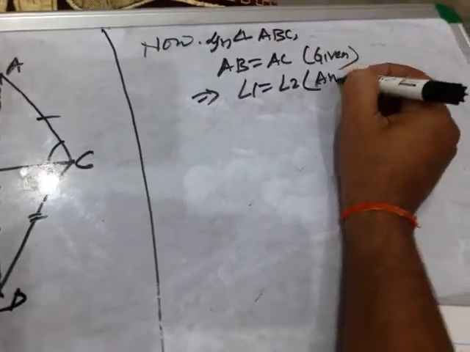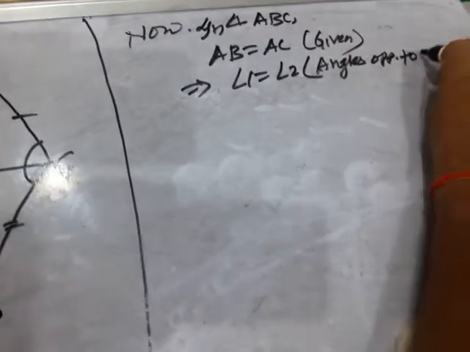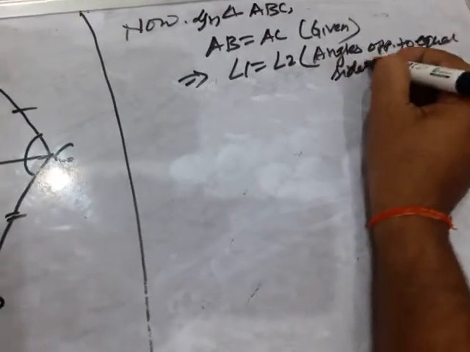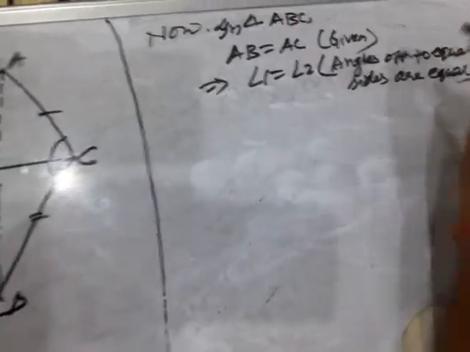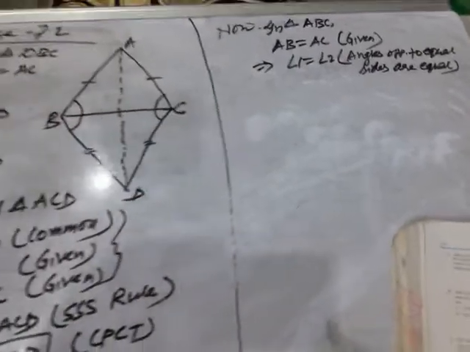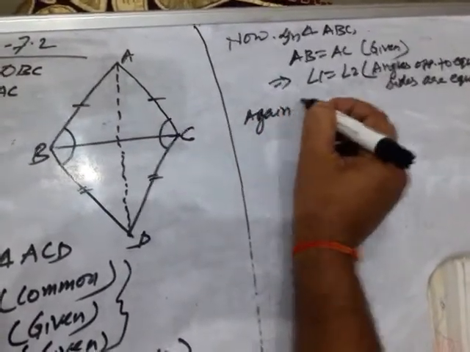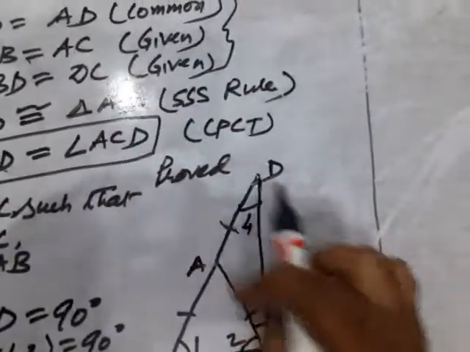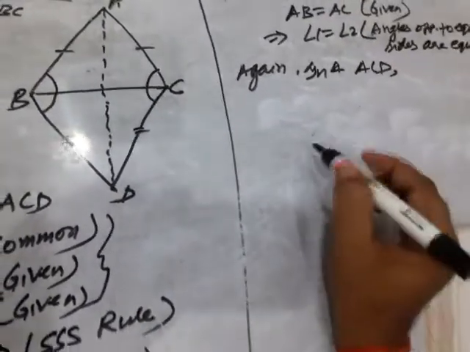Angles opposite to equal sides are equal. Okay children, angle 1 equal to angle 2 we have seen. Now again in triangle ACD, what do we have?